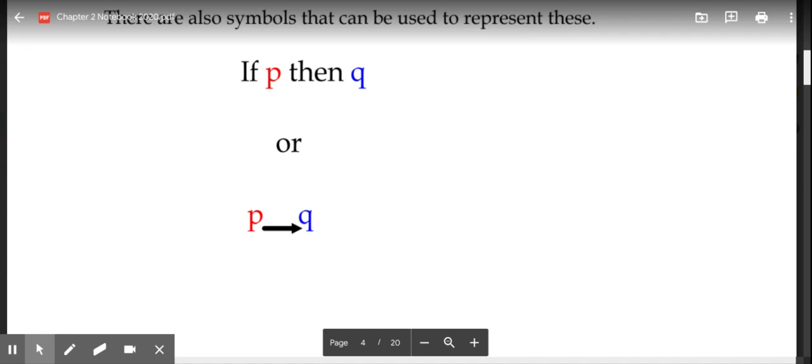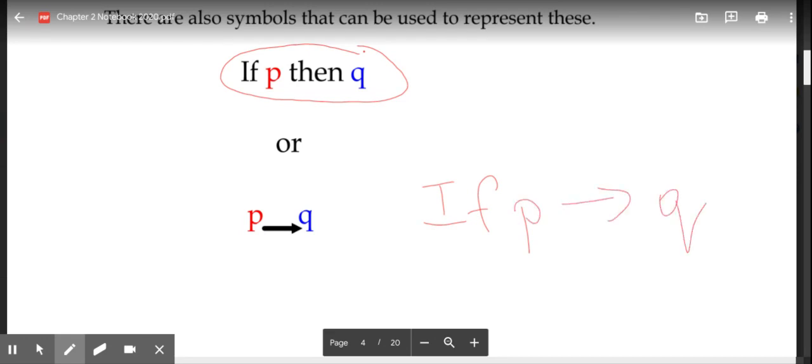So if P is the hypothesis and Q is the conclusion, then you could simply write if P, then Q. Or we can even move faster, and instead of writing the word then, we can just use an arrow. So I can just write P arrow Q. So how do you read this? If P, then Q.